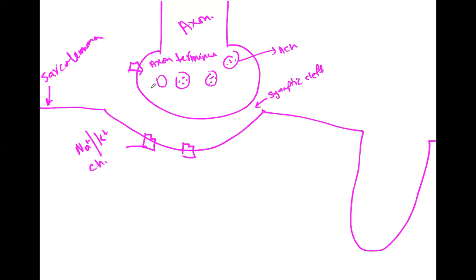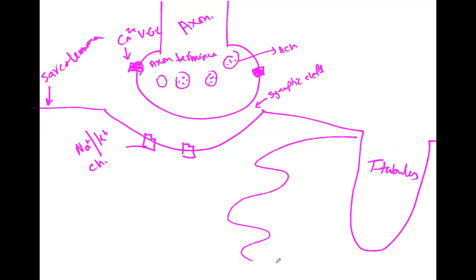We also have channels right here. And these channels right here are going to be calcium voltage gated channels, right? This continuation of the plasma membrane that is dipping inside, that's my T-tubules, which is surrounded by my, and again, this is a simplified version, sarcoplasmic reticulum.